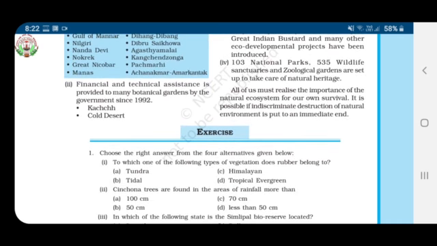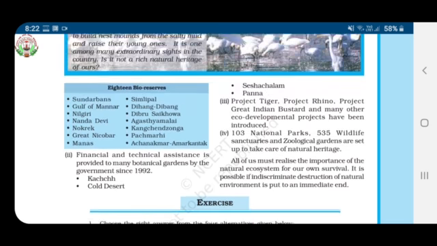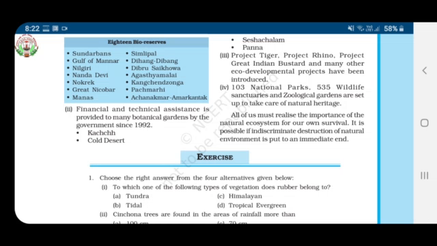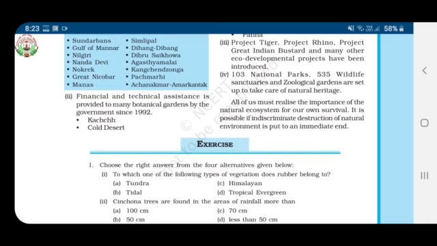Next, financial and technical assistance has been provided to many botanical gardens by the government since 1992. Project Tiger, Project Rhino, Project Great Indian Bustard and many other eco-developmental projects have been introduced, and 103 national parks, 535 wildlife sanctuaries and zoological gardens are set up to take care of natural heritage.